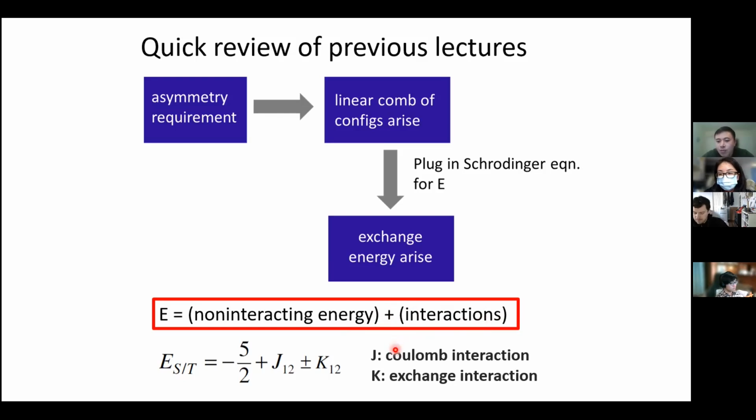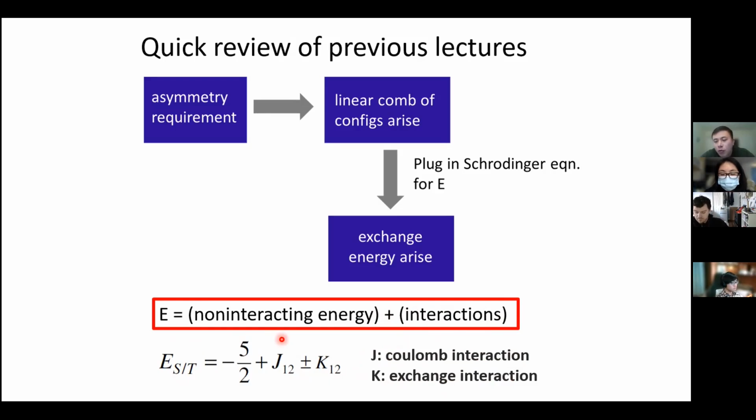And that includes both the Coulombic interactions and also the exchange interactions. So without going into too many mathematical details, I think we should at least memorize these terms and know what kind of energies are involved for a many electron system. Okay, so that's pretty much the quick review.